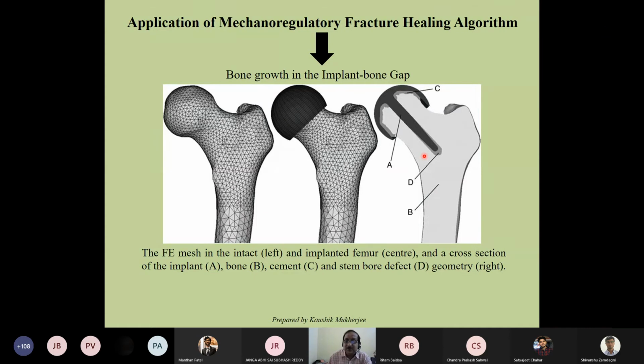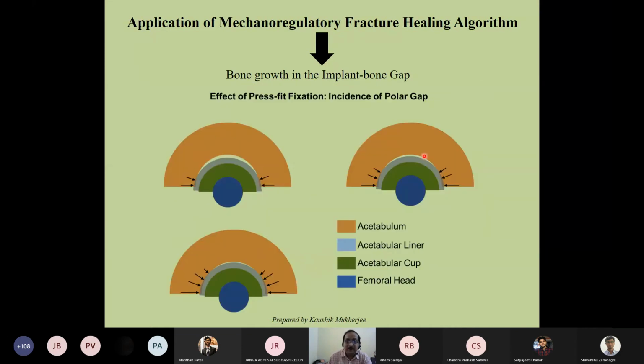So for different applications, people have tried to investigate how tissue actually transforms or differentiates itself at different times. Another application is the polar gap.